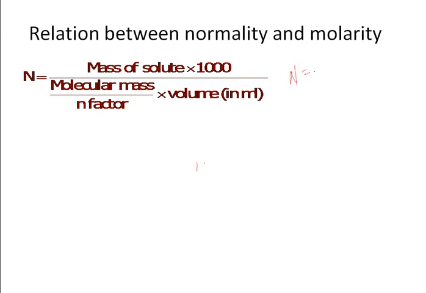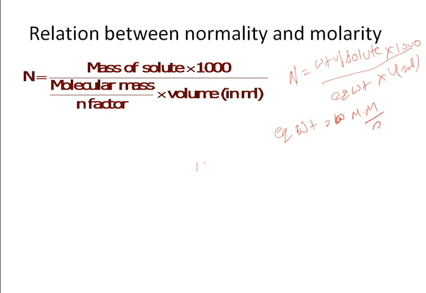If the volume is in ml, then normality will be written like this: normality is equal to the weight of solute into 1000 divided by equivalent weight into volume in ml. But in the previous video we have already seen that equivalent weight is equal to molar mass upon n factor.